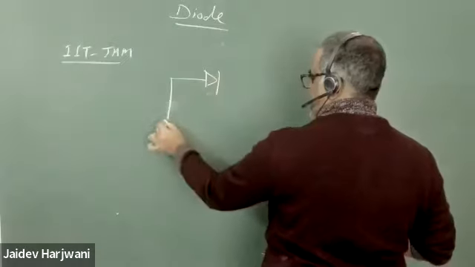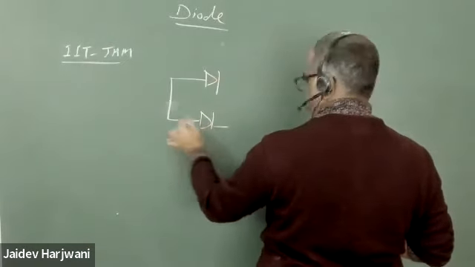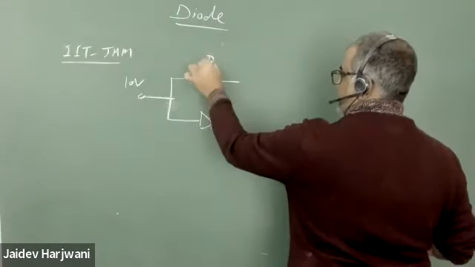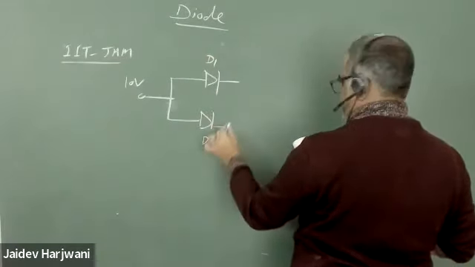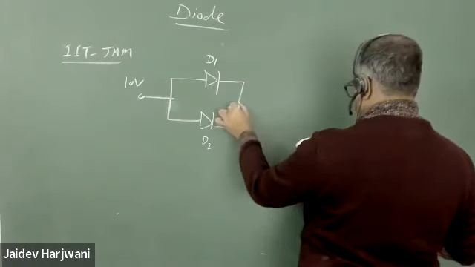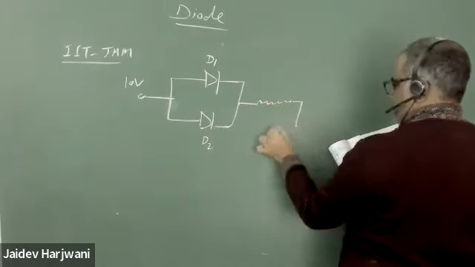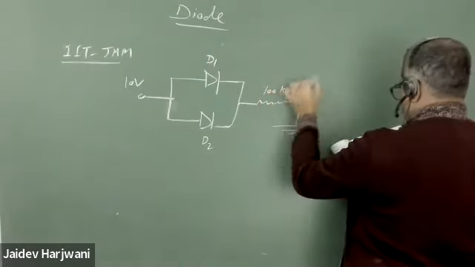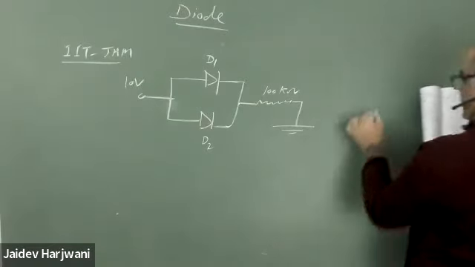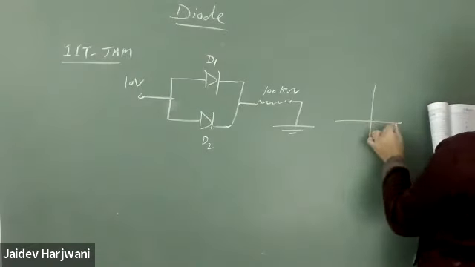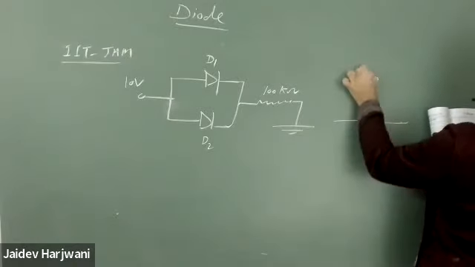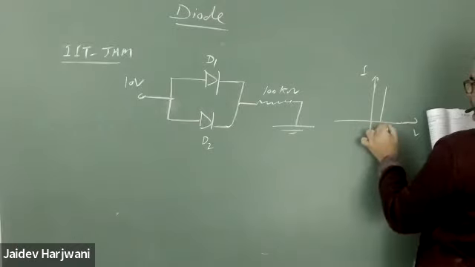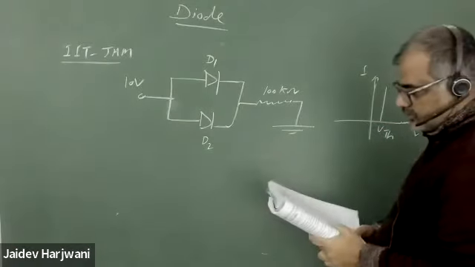So they have given you a diode. They have given you 10 volt, D1, D2, and this is your 100 kilo ohm resistance. And they tell you this is the graph of I versus V for a diode. That means you need to take a constant voltage drop model.